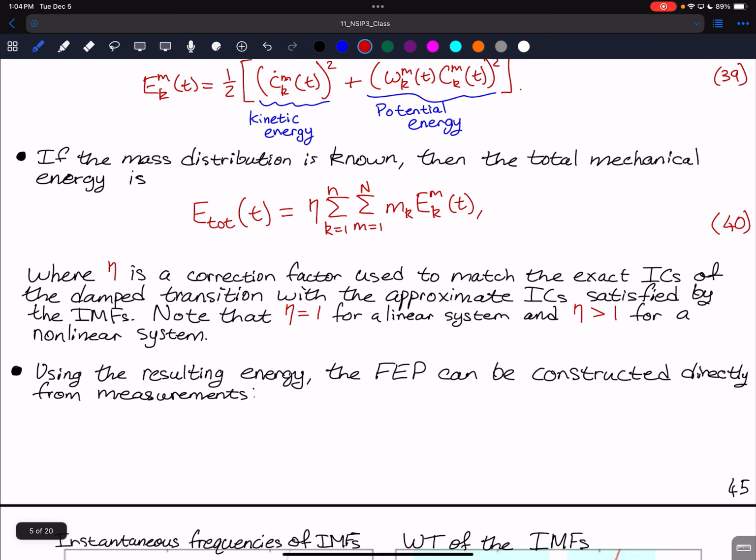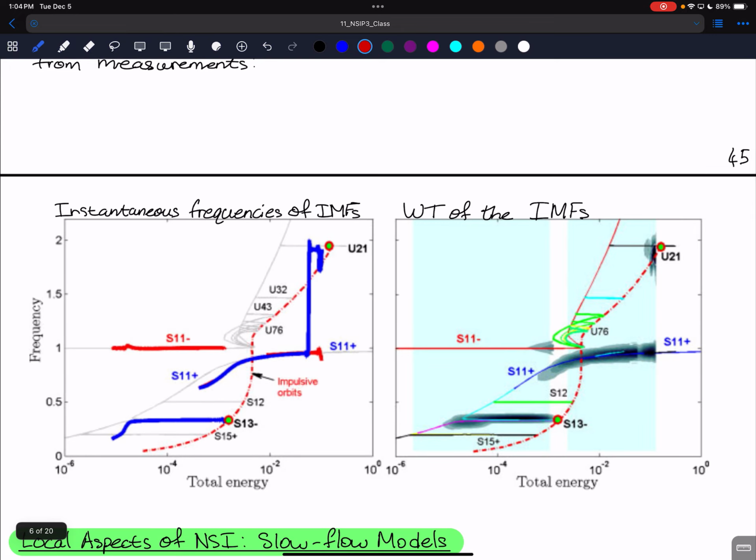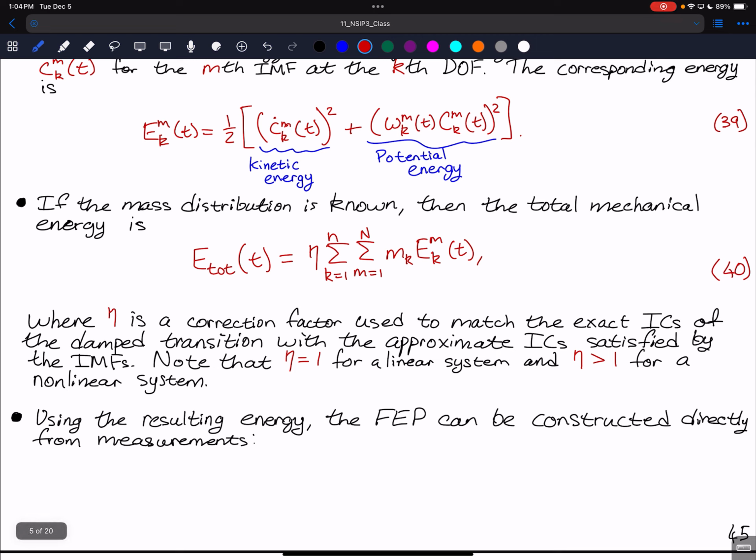Okay, so now that we have this total energy, we can then plot the IMFs as a function of that energy, and that is what is shown right here. Oh, yeah. So is that M that's next to the E, is it a mass, or is it also an index? I think that is actually the mass, but that's a good question. It has to be the mass because it has a subscript k, and if it was an index, it wouldn't make sense to have a subscript.